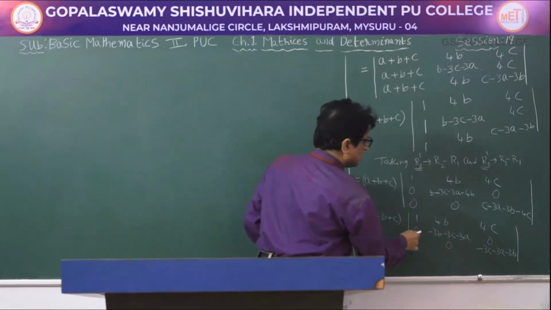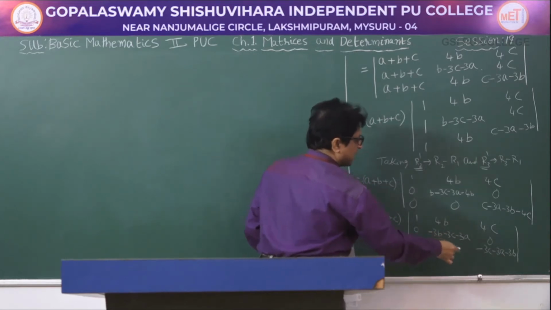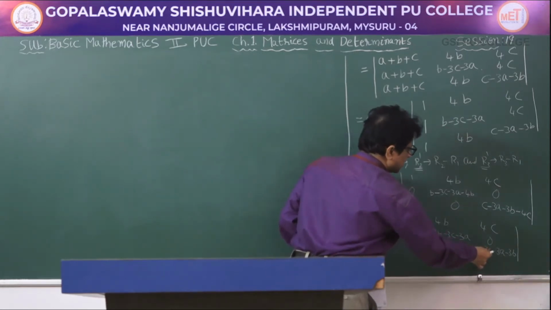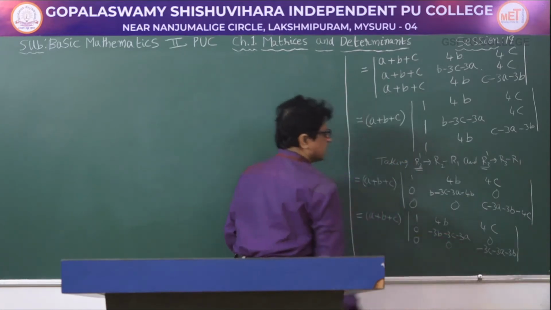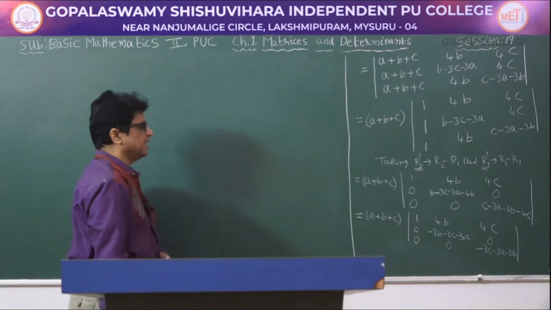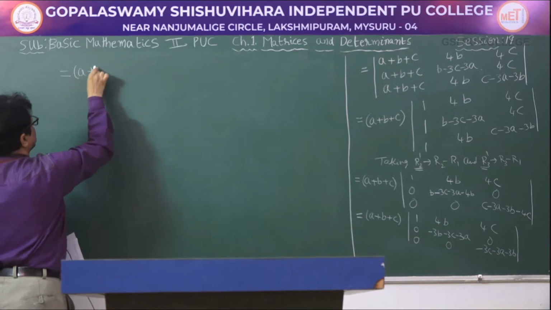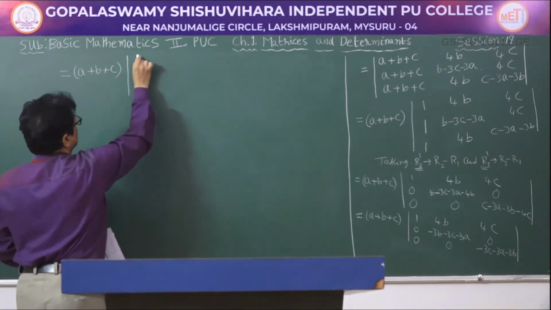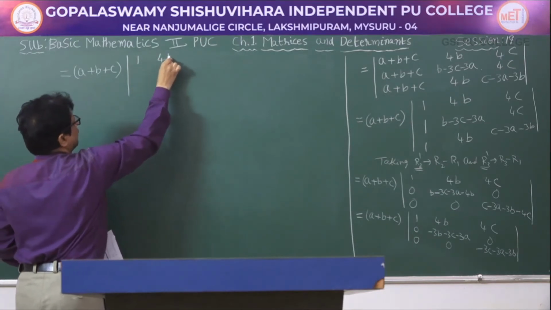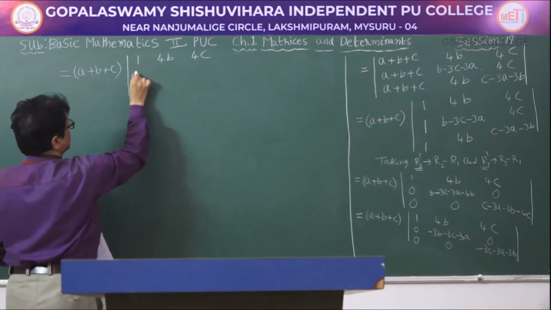In the second row, second column, we can take minus 3 common. Similarly, in the third row and third column, we can take minus 3 common. In these two elements, we can take minus 3 common. That will be equal to a plus b plus c into determinant of 1, 4b, 4c, 0.